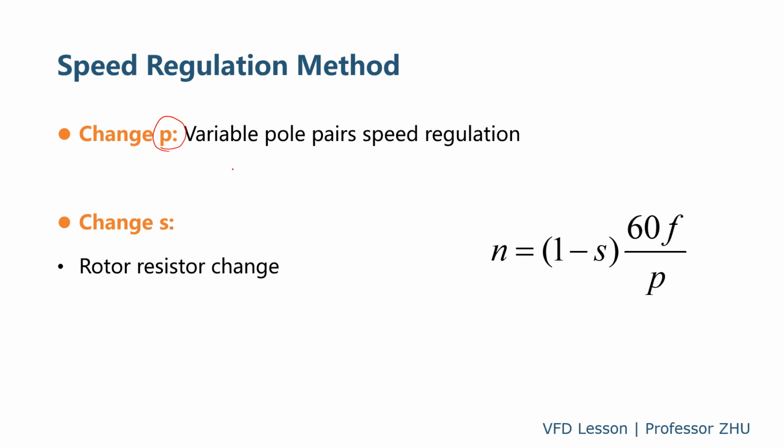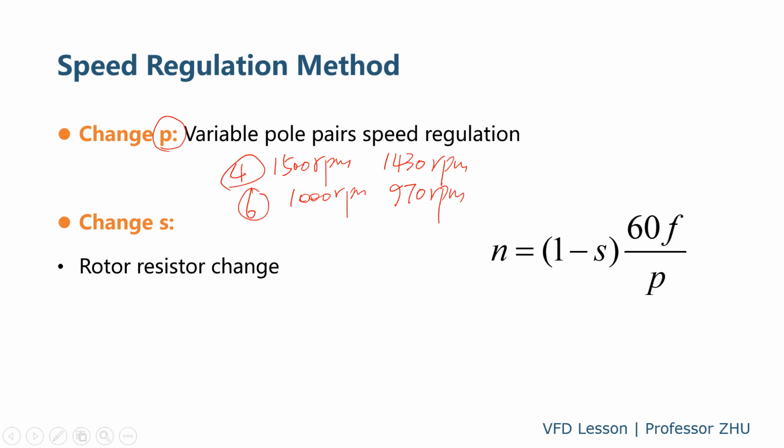For example, for a 4-pole motor, the synchronous speed is 1500 RPM, and the rated speed is normally like 1430, for example. And for a 6-pole motor, it is 1000 RPM, and maybe the rated speed is 970 RPM. So when you change the poles, the speed changes from this to this, and there will be a big step in the speed change.